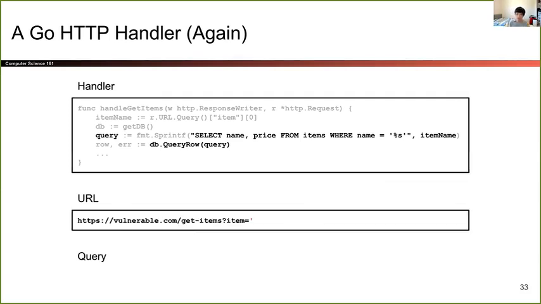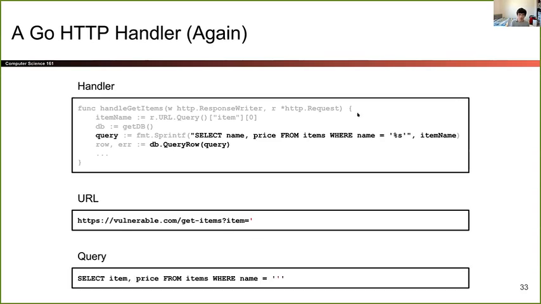What if we use an input like get items where the item name is a single quote? What query does this create? Well, if we use this string substitution, the item name is just a single quote in this case, and we put it in, we get select item, price from items where name equals quote, quote, quote. What happens when the SQL server tries to execute this?